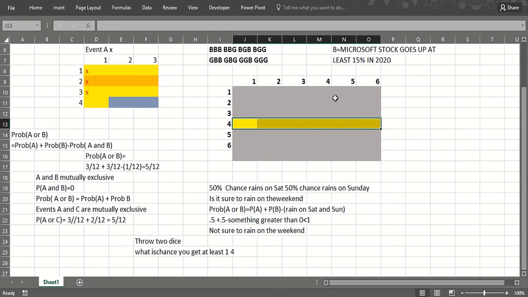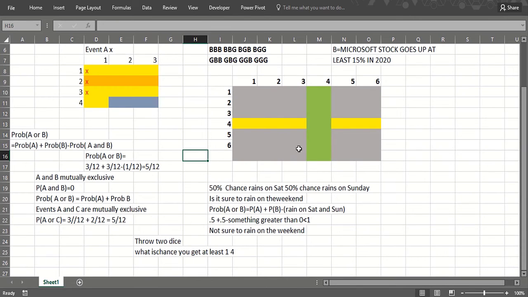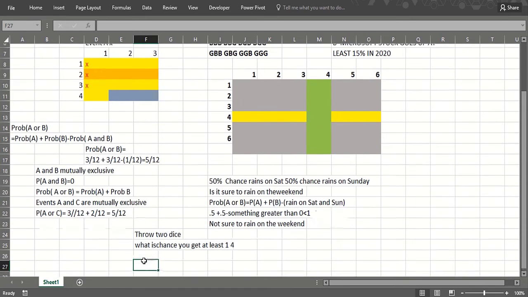There are 6 ways you can get a 4 with the first die, and then there are 6 ways you can get a 4 on the second die. So you might say 6 plus 6 is 12 over 36, but you have to subtract the case where you get two 4s. You get both 4s.